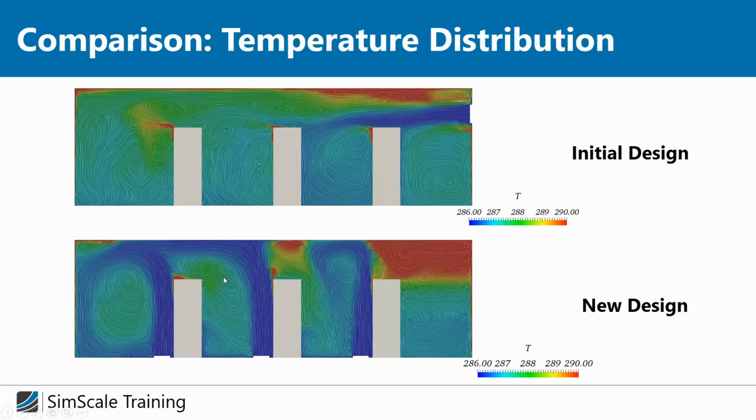And in total, I mean, we still use the same amount of cold air. For sure, the difference is not very big, but if we focus on what we want to achieve, and that is reducing the temperature on the surface of the racks, we are using the energy much smarter now. And that's really the great thing about simulation. It not only tells us what is happening, but also why it is happening.